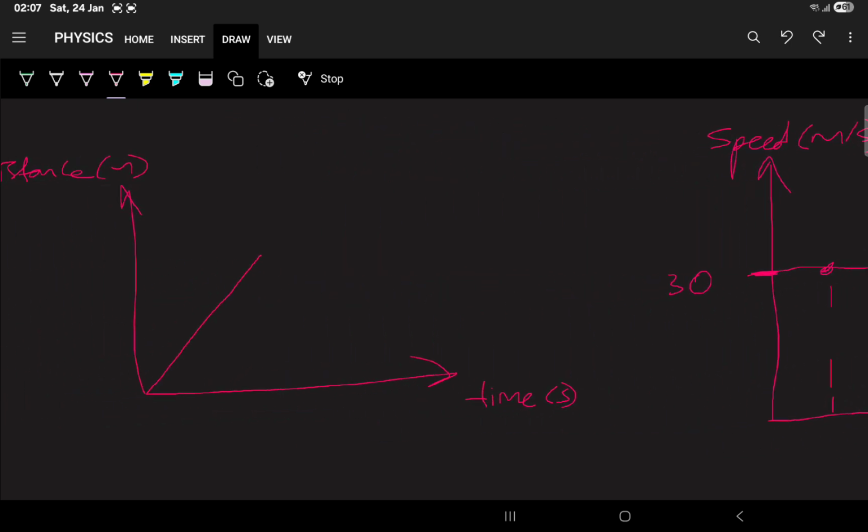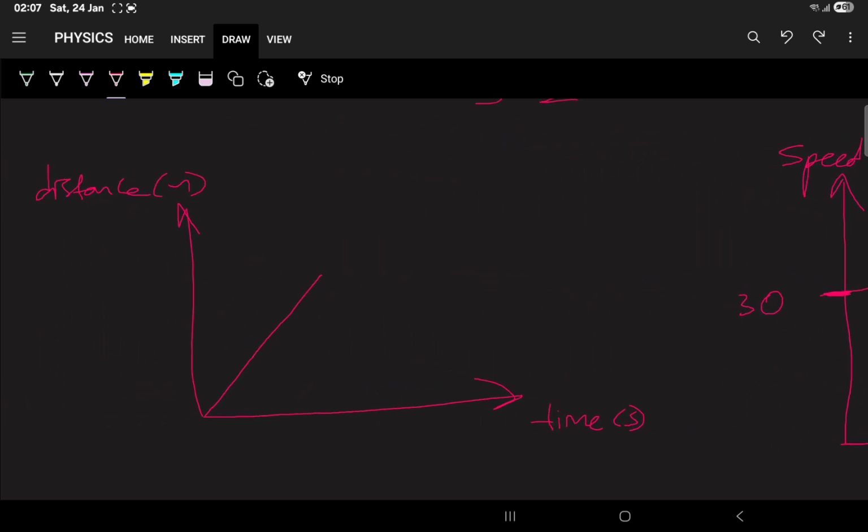Now moving back to our first graph. Uniform speed is simply when a body covers equal distances in equal time intervals. Now if we are asked to calculate the uniform speed from this graph, it will just simply be the slope of this graph.